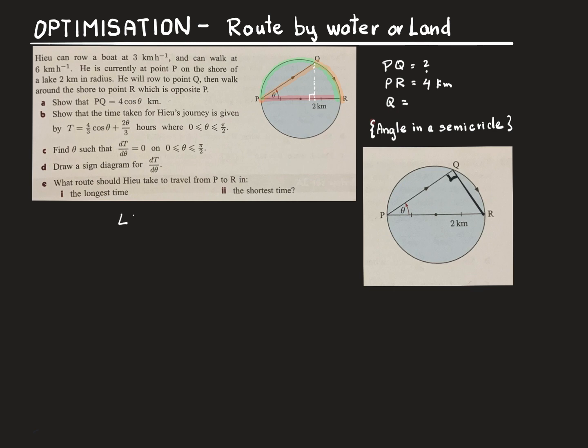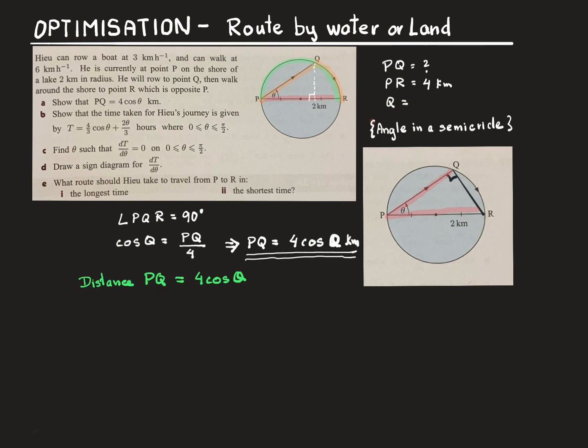So if the angle PQR is 90, then we can use trig cosine by knowing those two. And this gives us the answer to our first part, which is in kilometers. Now this is the distance.